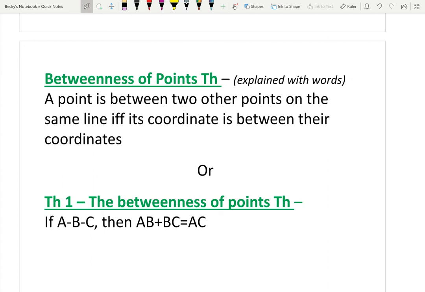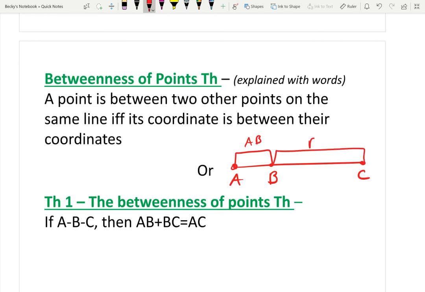Who knew? Okay, so if a point is between two other points on the same line, then its coordinate is between their coordinates. So here's what it means. You have a segment. Actually, there's multiple segments here. What's going to happen is if I add AB together, and then I add up BC together, it forms a bigger segment called AC.